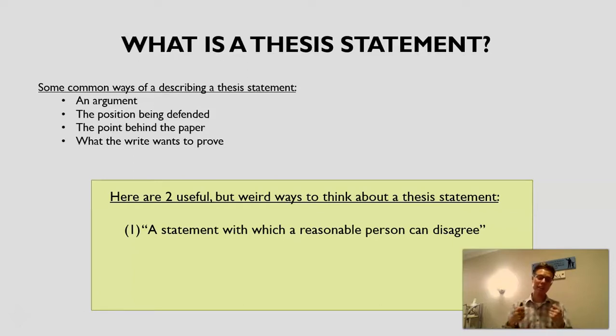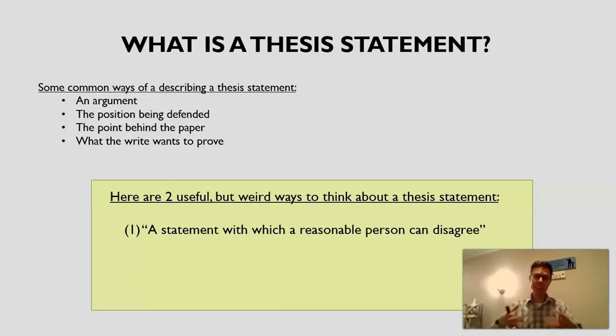So that means that if someone reads your argument, reads your thesis statement, they could take the other side, and it's a reasonable side. It's something that they can back up with evidence, right? So if you can imagine a thesis statement along the lines of the United States needs to come up with stricter gun laws, right? That's an argument. I could back it up.